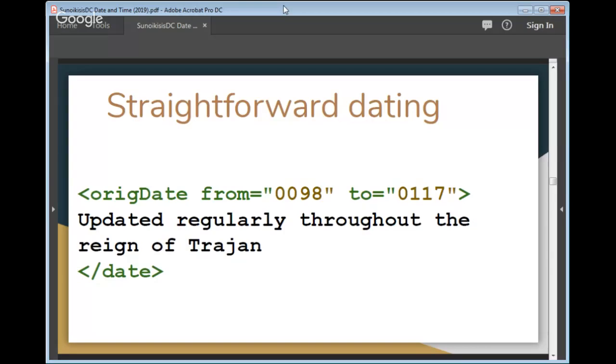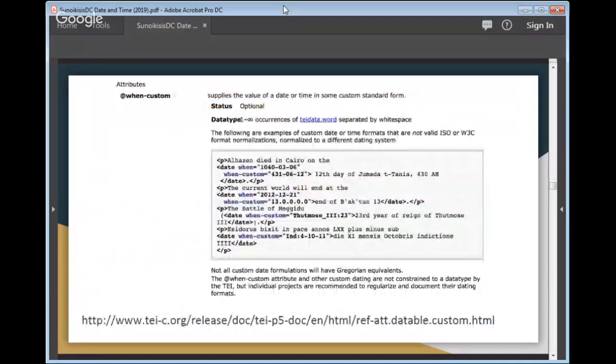Again, it doesn't matter whether we're talking Gregorian or Julian. And so we say from and to, in this case from 98 to 117, as a continuous activity. Okay, so those are the three types of dates that you can encode in TEI if you don't have any problems with the dating system and there's no uncertainty or any other weirdness going on.